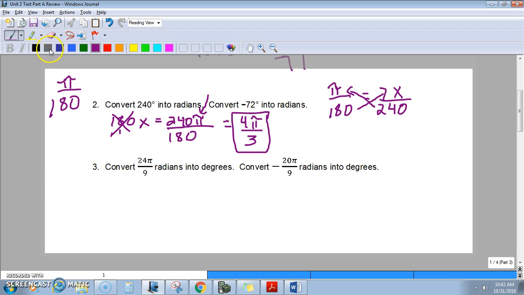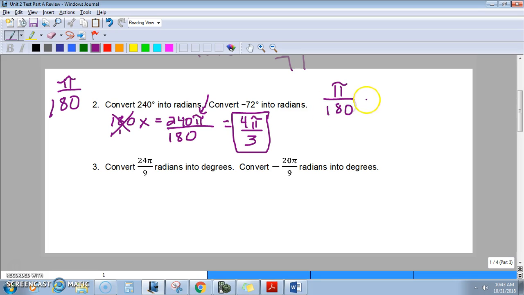Okay, the next one we're going to do is negative 72 degrees. We know it's negative 72 degrees, so our matching degrees in radians should also be negative. We're just going to set it up exactly the same way.